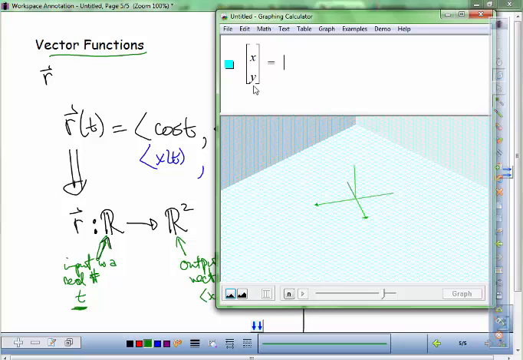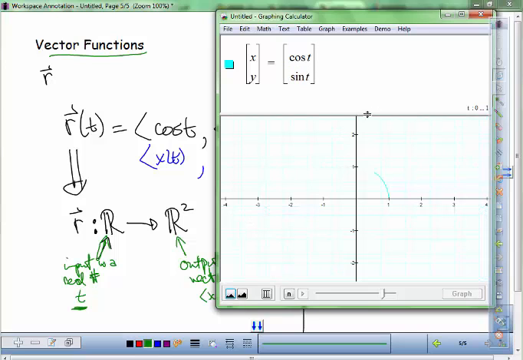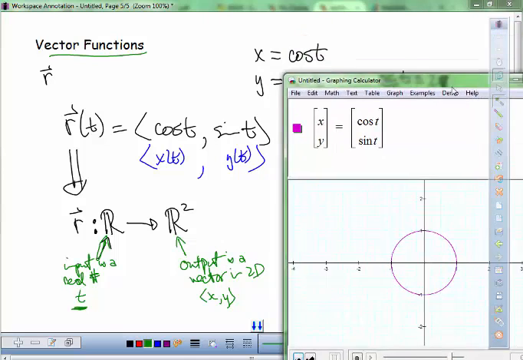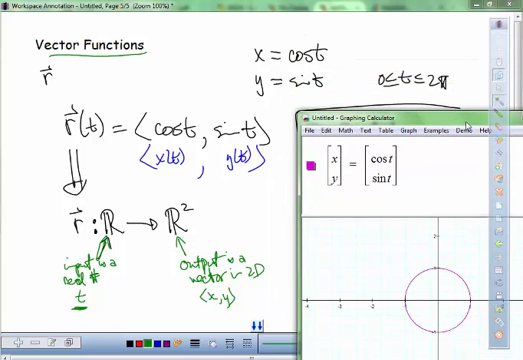It is equal to another 2-vector: cosine t and sine t. And if I just extend this past 1, go to 2 pi, 0 to 2 pi, then I have my circle.